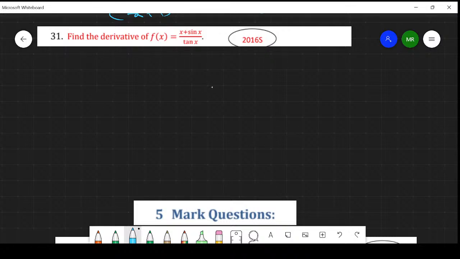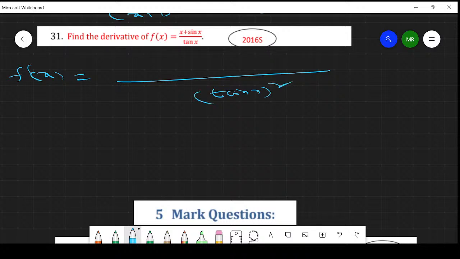When you look into this derivative of f of x, x plus sin x by tan x, again use the quotient rule. f dash of x is equal to u by v square, you can write tan x whole square in the denominator.